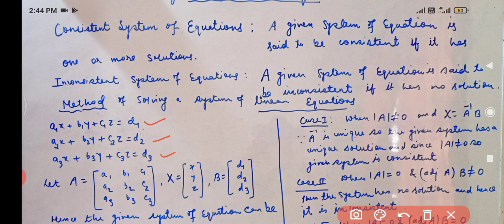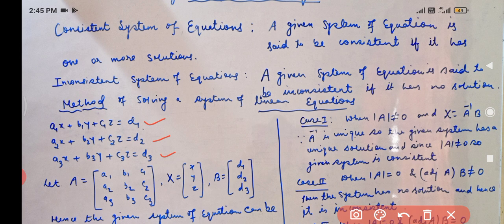So here we choose A as a matrix and we put the elements of A as a1, b1, c1, that is the coefficient of x, coefficient of y and the coefficient of z. We choose all those coefficients as the elements of the first row.